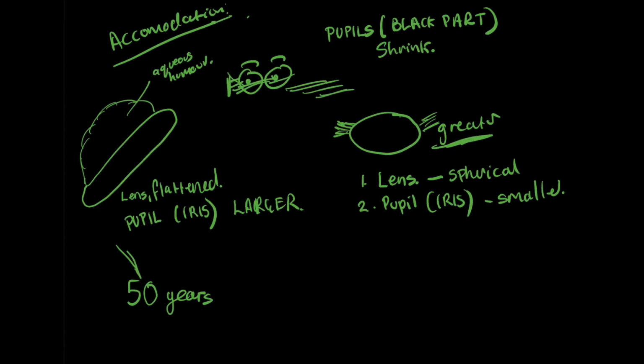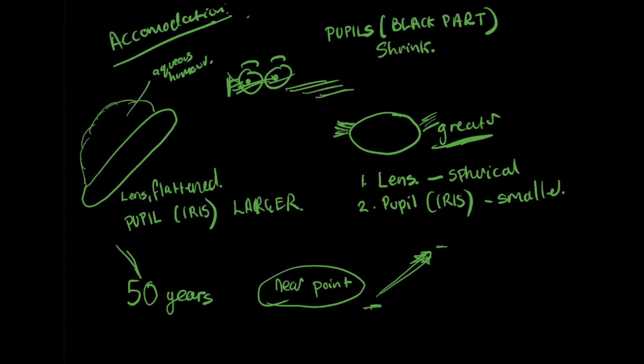So, when you're born, your near point, which is the point at which this process starts to happen when you move from having a flattened lens to a spherical lens, when your irises go from large to small, that near point progressively gets further and further away. If I'm young, I'll be able to get things really, really close before I get this reaction. But when I'm older, it takes longer and longer, and it's further away that it starts to happen. And why is that?